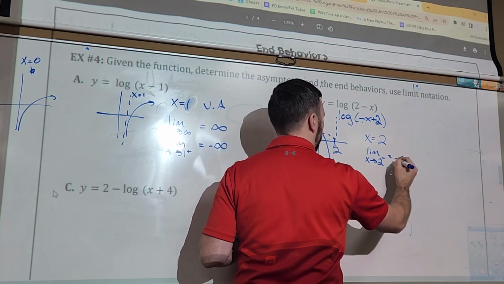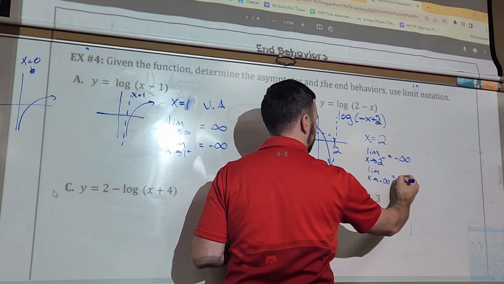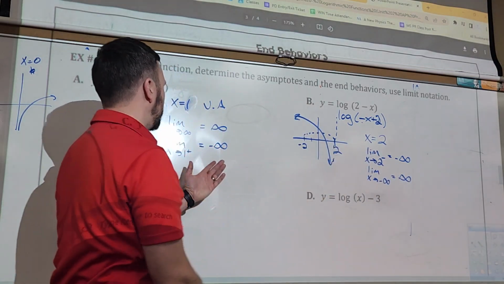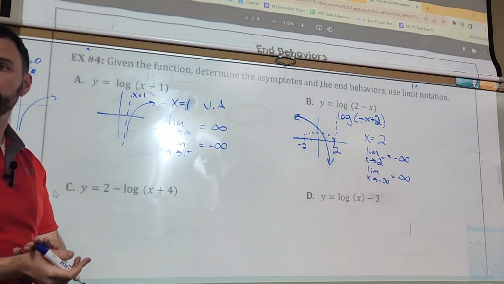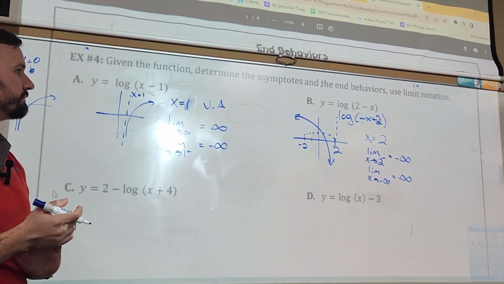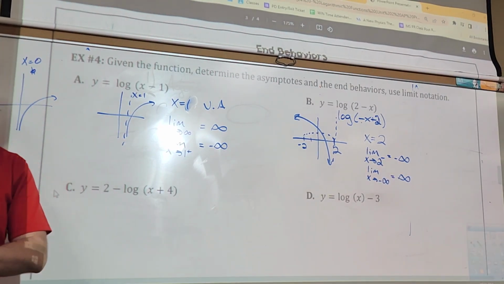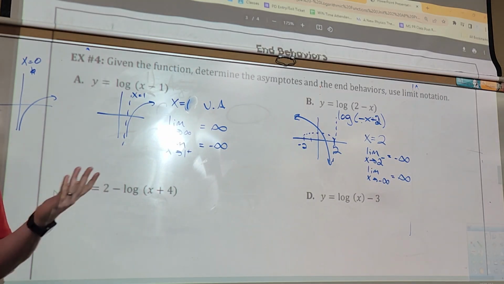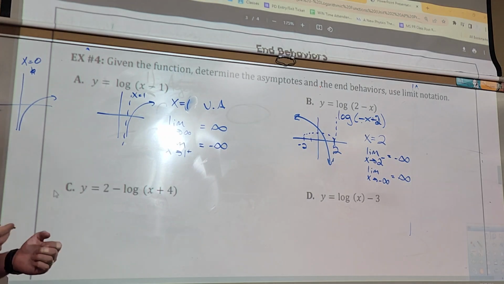Negative infinity. And what's my limit as x approaches negative infinity? So I have to change my limit notation now. For logs, they should be 1 negative, 1 positive, because its range is negative infinity to infinity. So yes, astute observation, young sir.